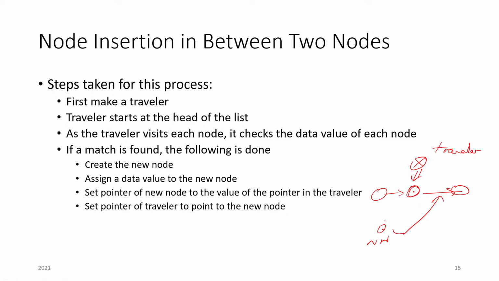And then it needs to make sure that once this new node goes in here and knows its pointer, the existing node now points to our new node. In doing that, the order of the list and the traversal of the list is maintained.